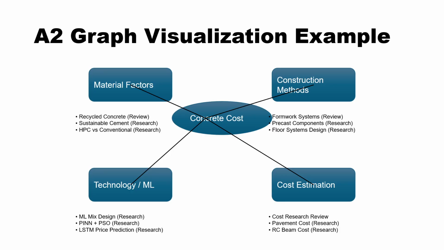This student wanted to write about the cost of concrete in construction. They wanted to convey that there are material factors and construction factors, and they wanted to look at different technologies and machine learning models used for cost estimation, and look at the actual cost of concrete in different structural types.